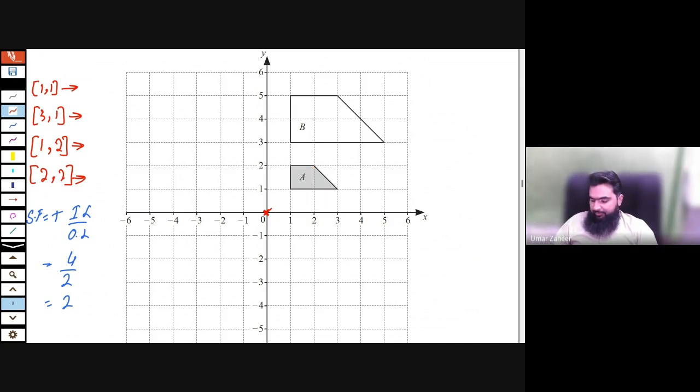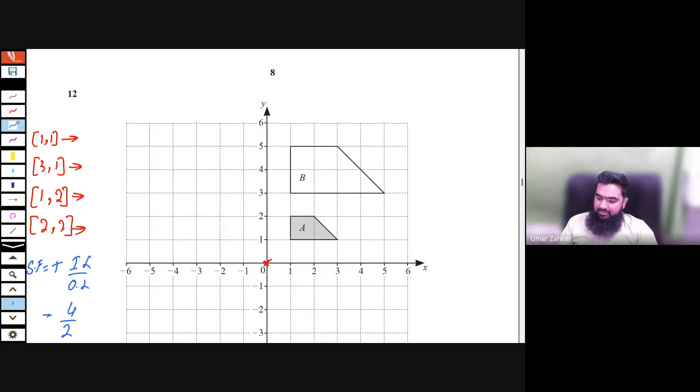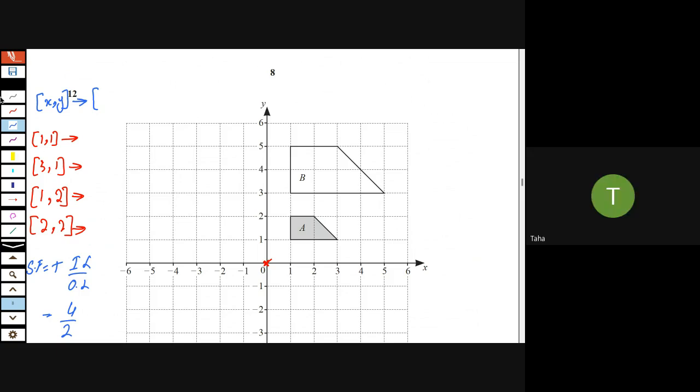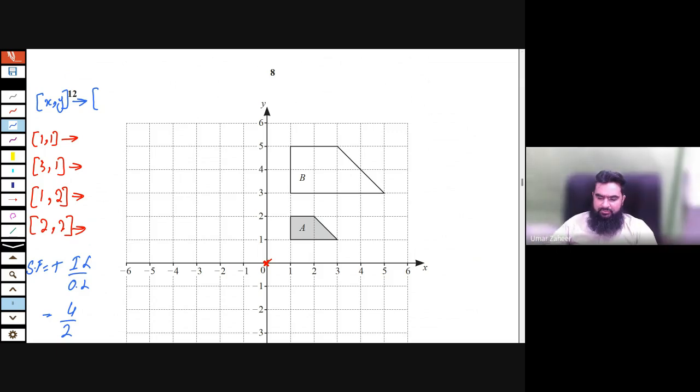All right. Does anyone know what is the formula for 180 degree rotation? Yes, Rahul, we have done it.